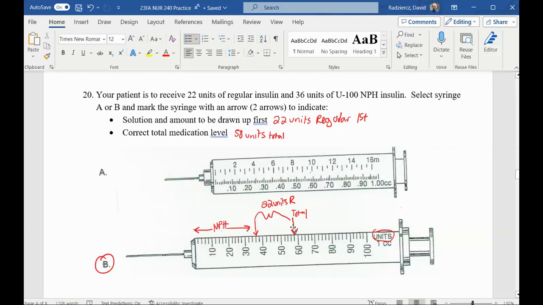So basically all I'm doing is subtracting 22 from the total, which is the same number as this 36. And I've even added a little bit more detail. Like you could see I added NPH is 0 to 36, the regular is at the 22 units.